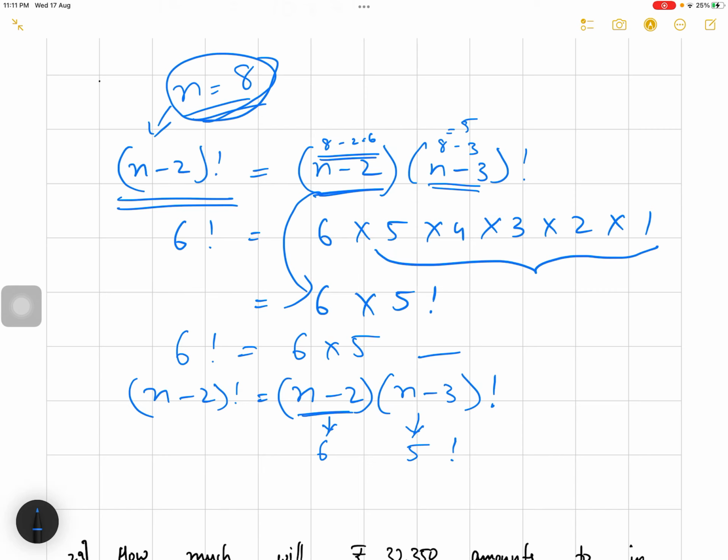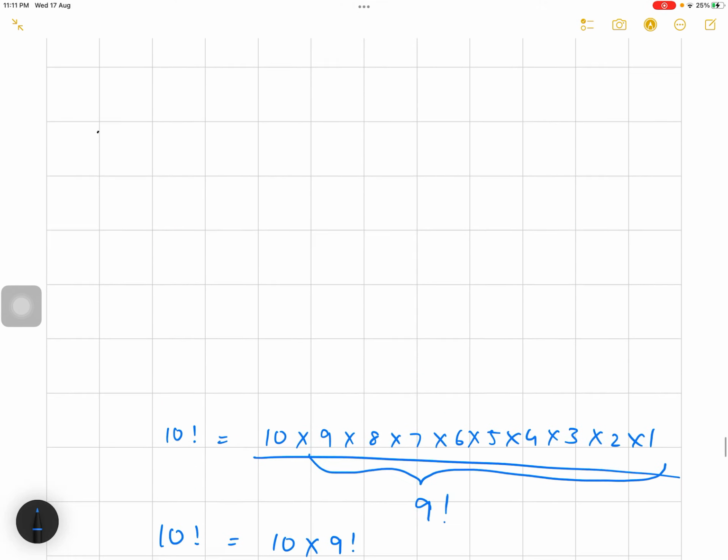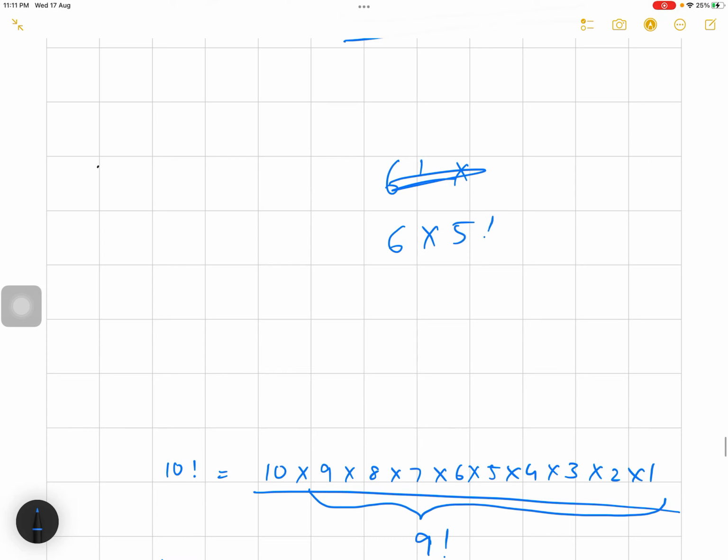I hope you got it. I'll write it in another way. 6 factorial is 6 into 5 factorial, so one number less, correct? 5 is one number less. If this is n minus 2, 5 is n minus 2 minus 1, which is n minus 3, one number less.